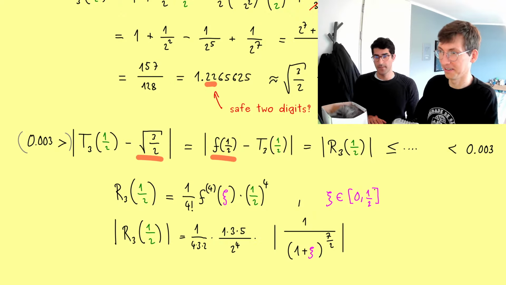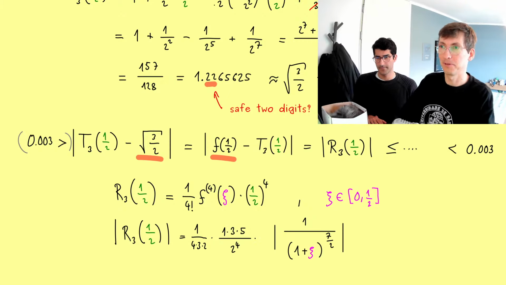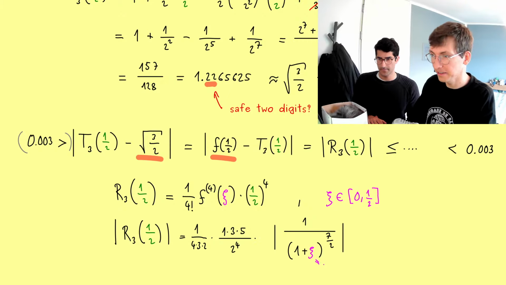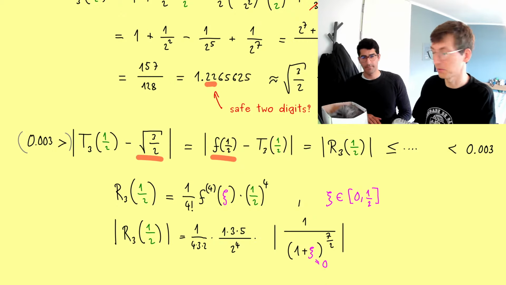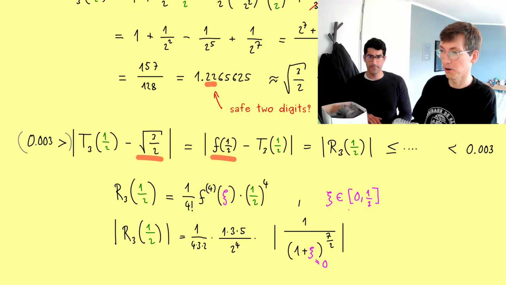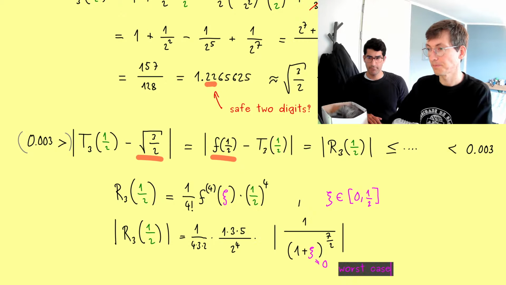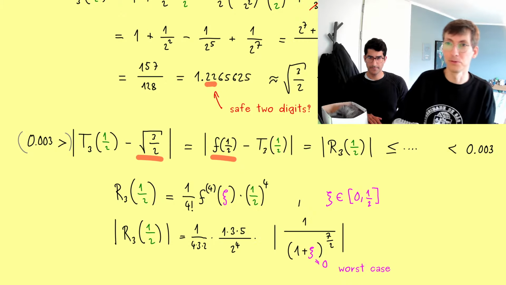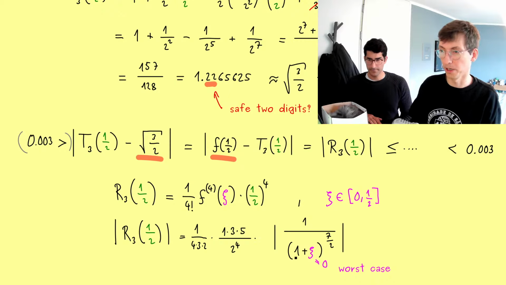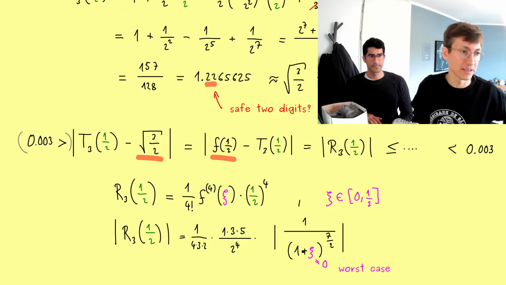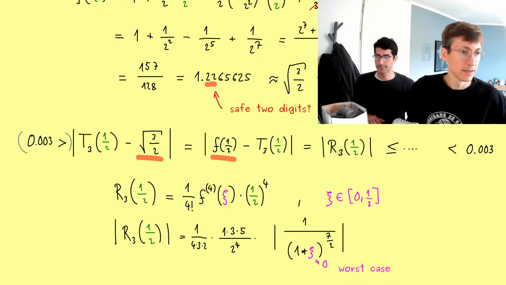The worst case I described before would be ξ equal to 0, because then we divide by the smallest possible number, so the output is the biggest value we get. In the worst case, ξ would be 0, and then we would divide by 1. So the whole thing can be estimated by 1.